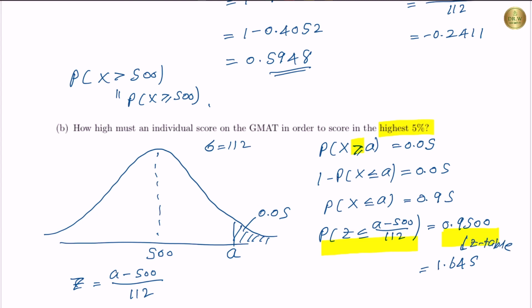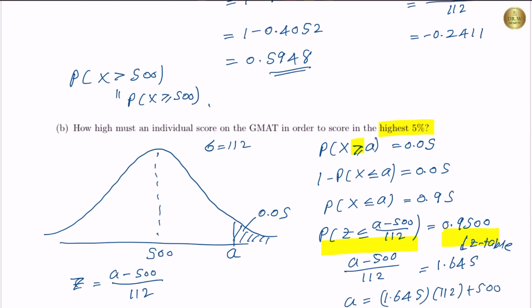Once you find the z value from the table, you can get rid of the probability notation and write the terms on the inside: A minus 500 over 112. Then we can solve for A. A equals 1.645 times 112 plus 500.